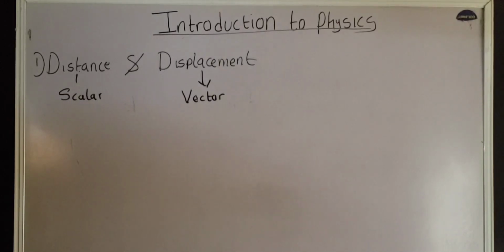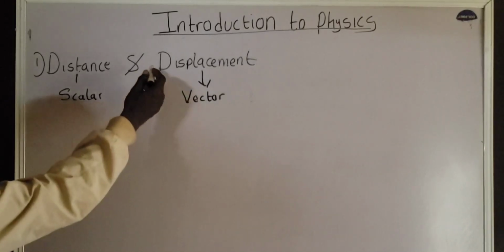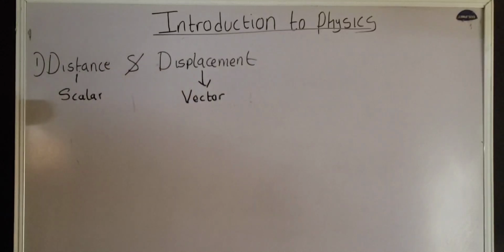So when you are given the magnitude to which an object traveled and you are given the direction, that means that we are talking about what? Displacement. You understand? When we are given only the magnitude, that means that we are talking about the distance.